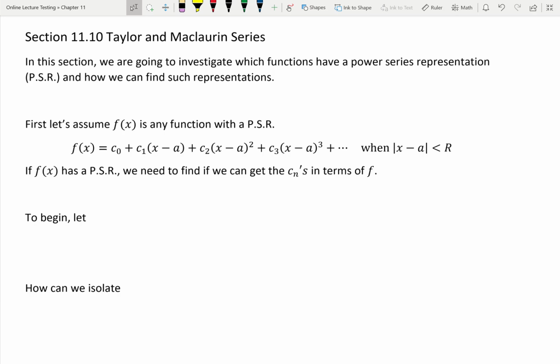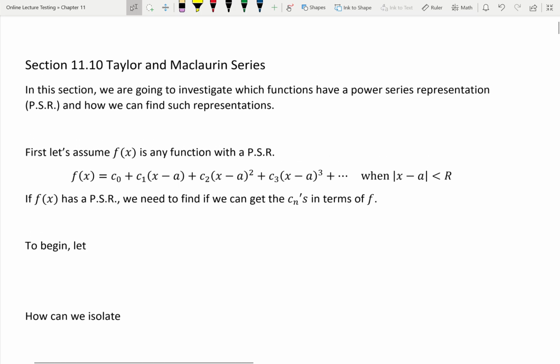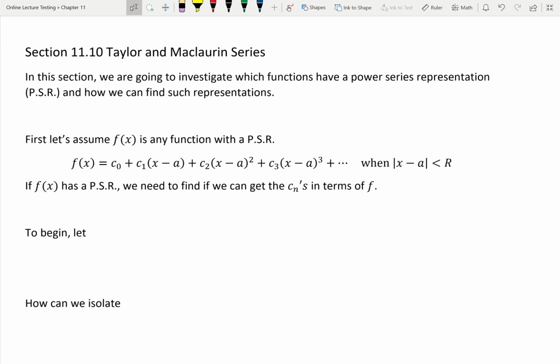So if the series converges, then this is the function that's represented by the series. In this section, we're going to investigate which functions have a power series representation. Anytime you see PSR, this refers to a power series representation. And then we're going to talk about how we can find such representations.